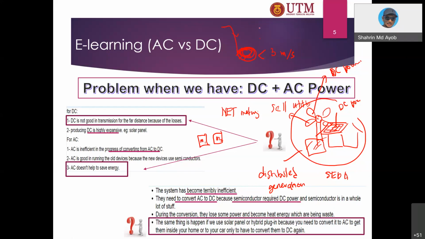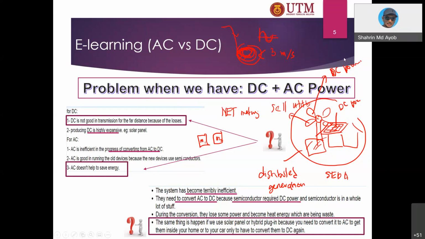It will generate AC electricity because the turbine is actually like an electrical motor, right? So it will generate because it rotates. The rotation creates an AC voltage and AC current. So hydroelectricity is essentially an AC form power generator.